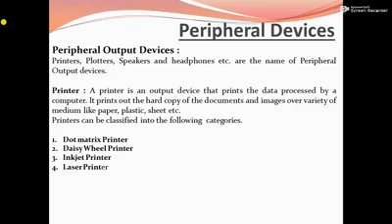Its print quality and speed are low. It is also very noisy. The next one is daisy wheel printer. Daisy wheel printer is no longer used today. It used a circular wheel with different characters and symbols for printing. It cannot print any graphics.